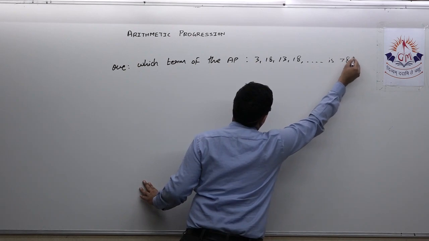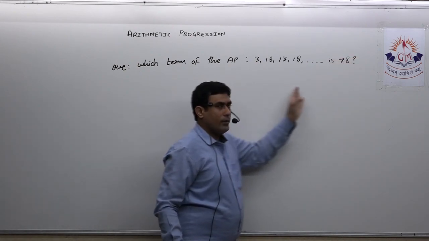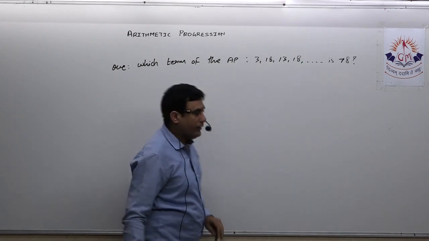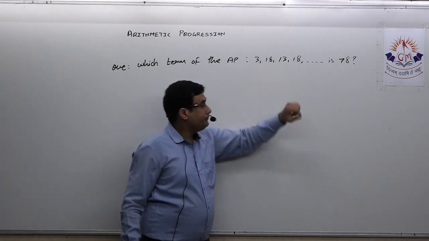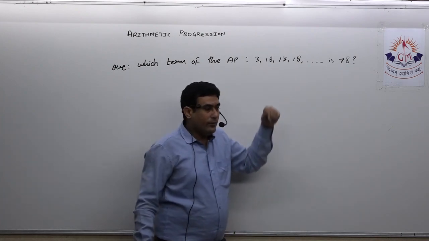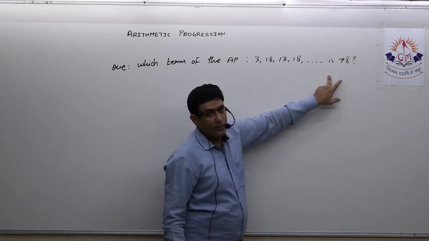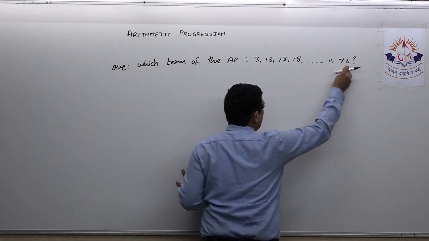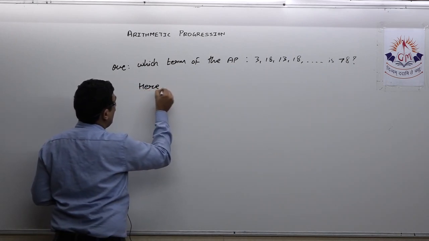That means if I follow the sequence, at what position will I get 78, that I have to find. So over here, indirectly A is given, the common difference is given, and I have to find the position. That means whether the 3rd term, 13th term, 17th term, which term of the AP will this be. That means indirectly I have to find the value of n. An is given, so here I have to find n.